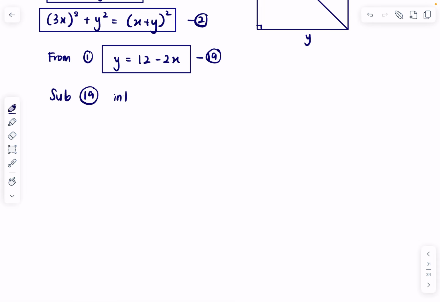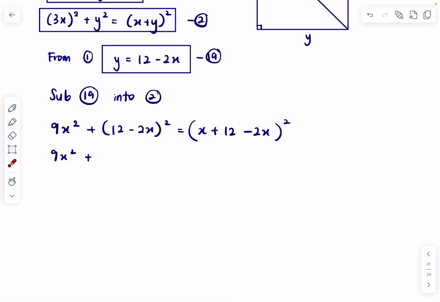So we sub 1a into equation 2. 3x square is 9x square. y square will be this square: 12 minus 2x, whole thing square.